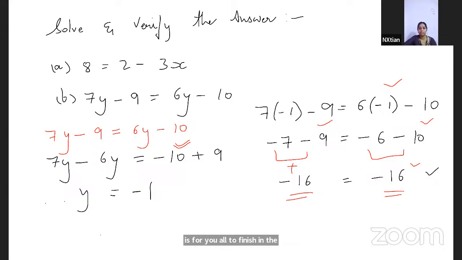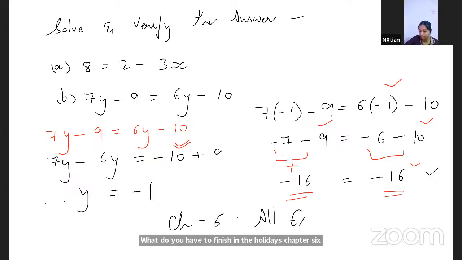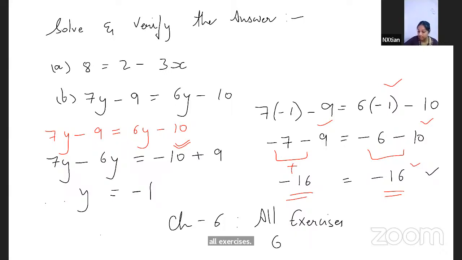What do we have to finish in the holidays? Chapter 6, all exercises, 6.1 to 6.3. Ma'am, it's a very small chapter.